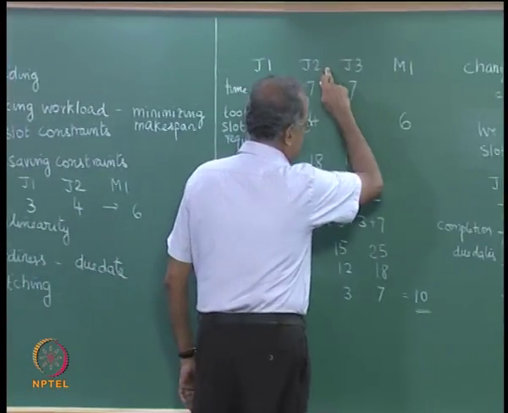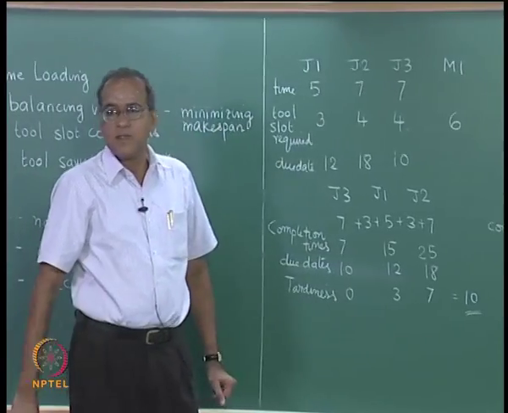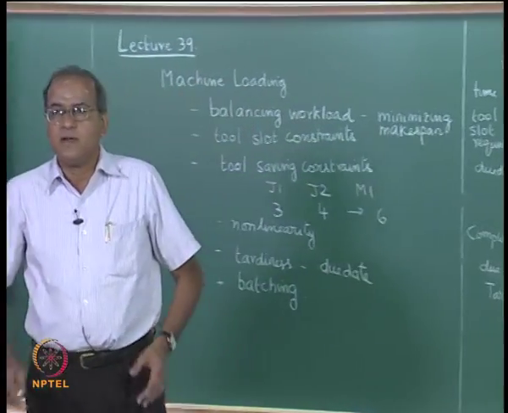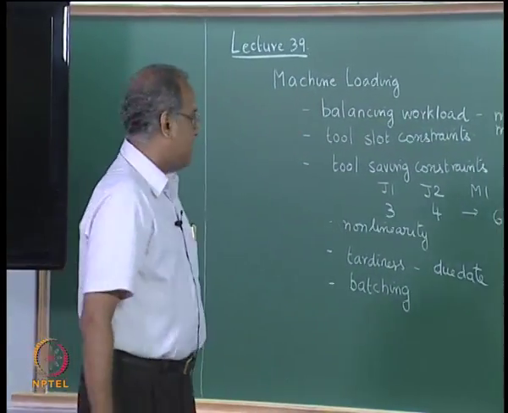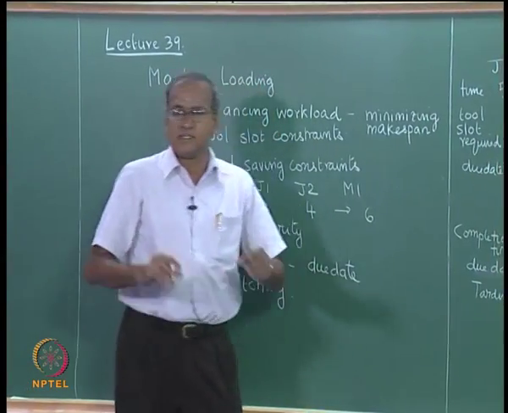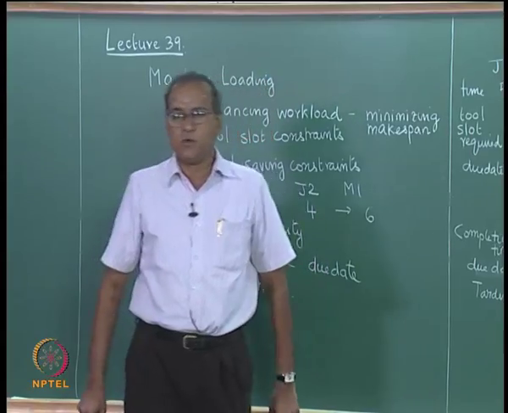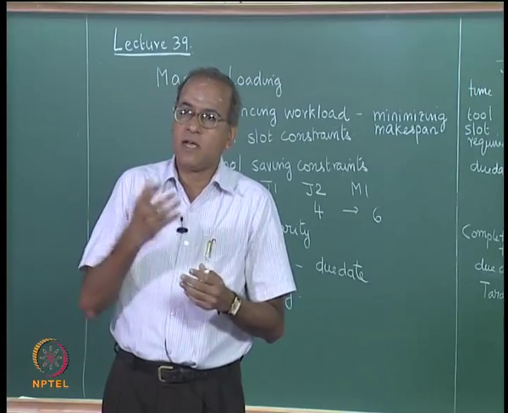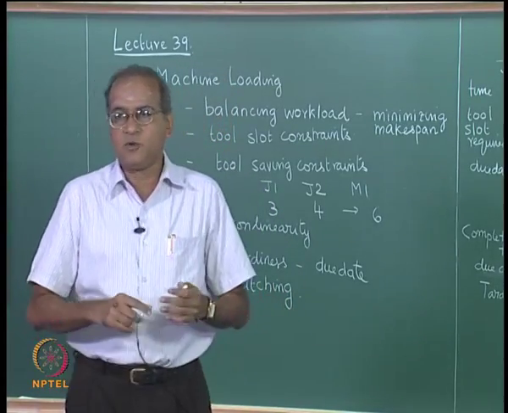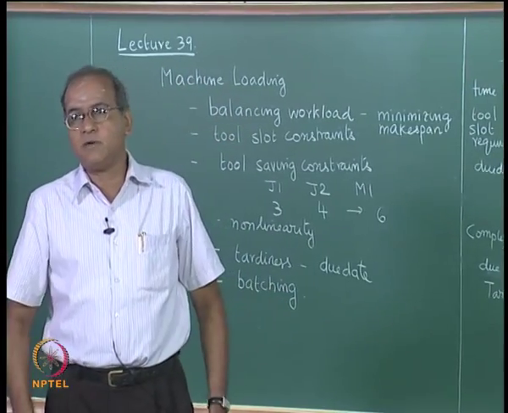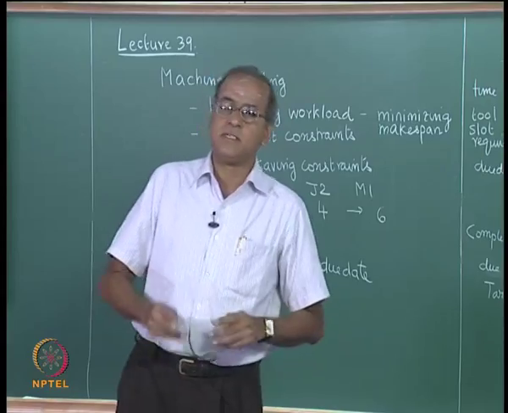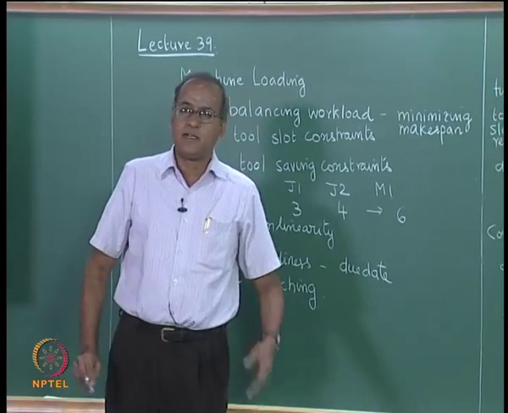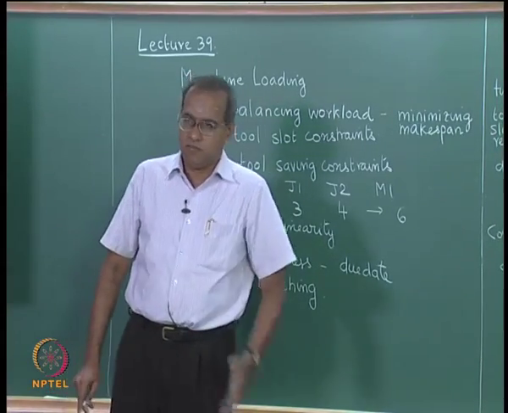If we increase the number of jobs, if we increase the number of machines, and also if we include the tool slot constraints. There are other simple observations such that if the tool slot constraint is very loose, in the sense that the tool slot capacity is large, then the branch and bound algorithms take lesser time, and if the tool slot constraints are tight, then the branch and bound algorithm takes more time, which means the moment the effect of tool slot saving has an impact on the solution, it takes a lot more time to solve.